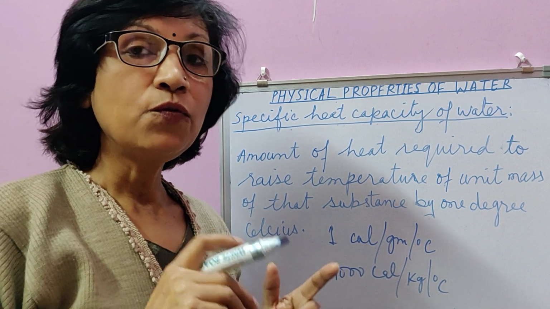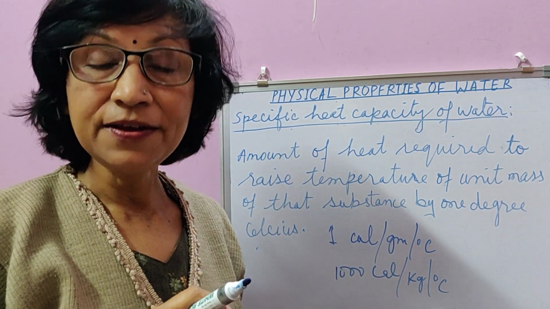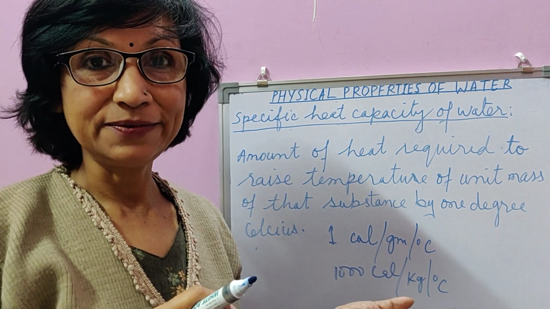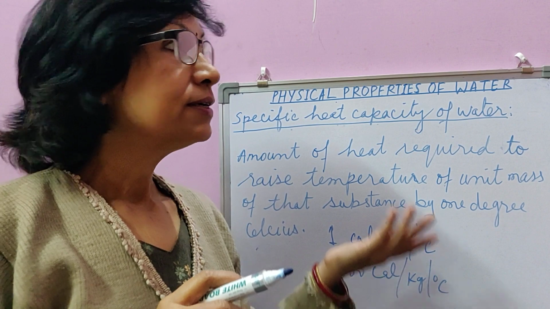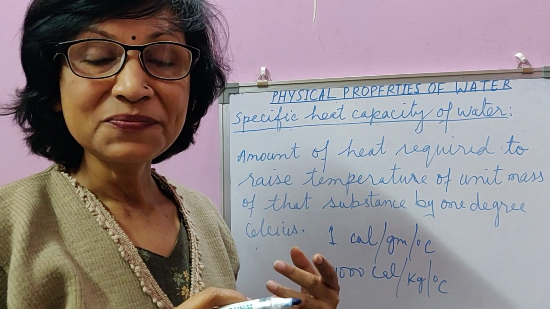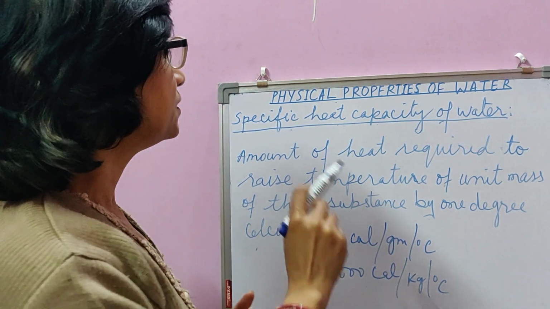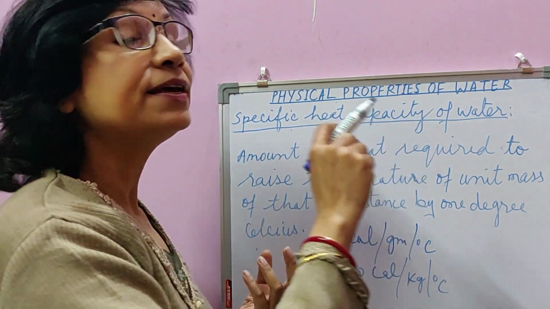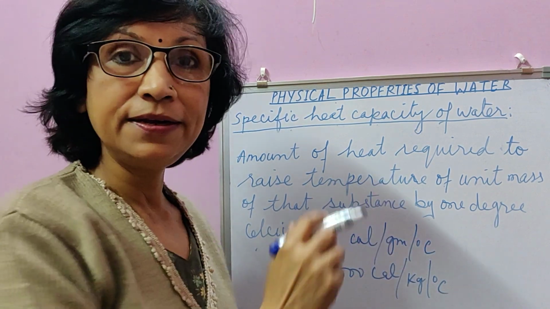As a result, water becomes a very suitable substance. In car radiators as well, we use water. So machine parts or the air coolers, in all these things water is used as a coolant because of its high specific heat capacity, that is 1 calorie per gram per degree Celsius.